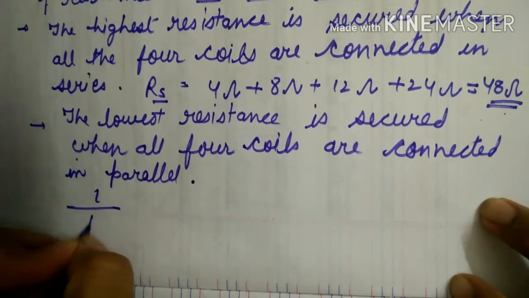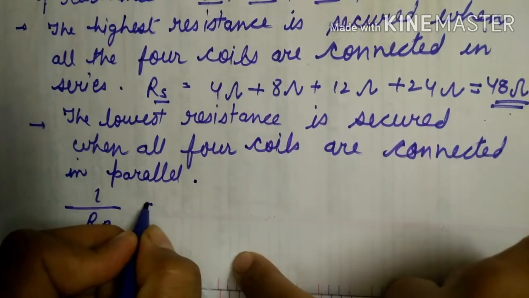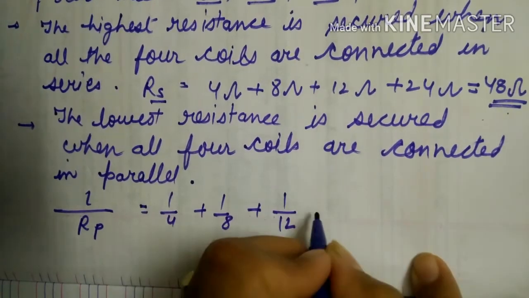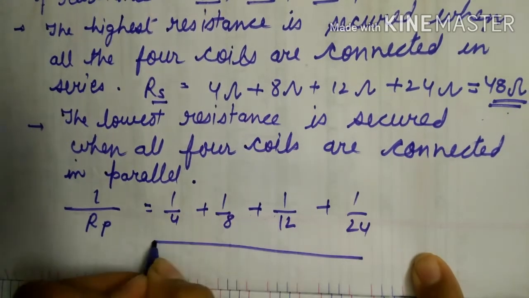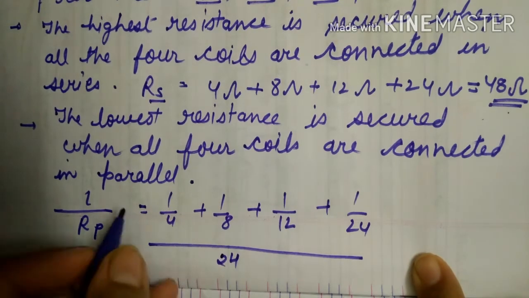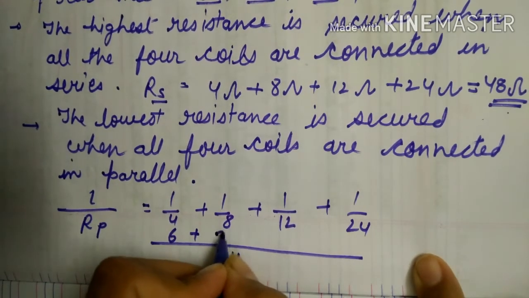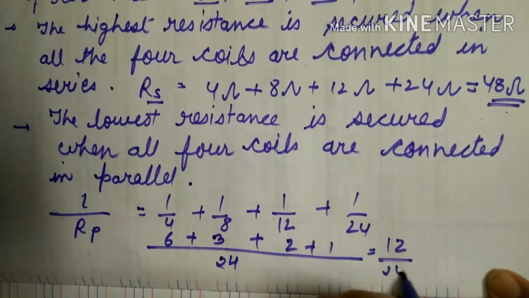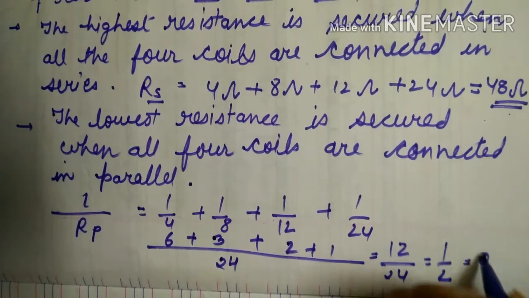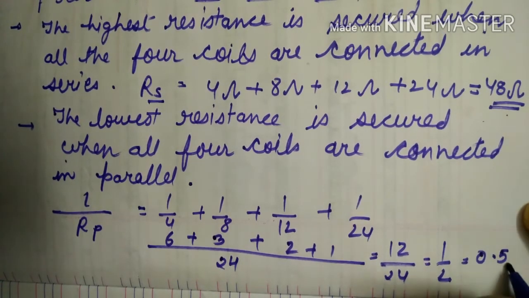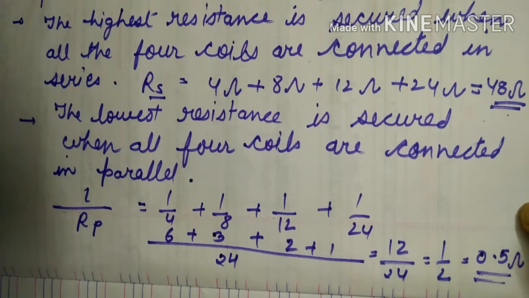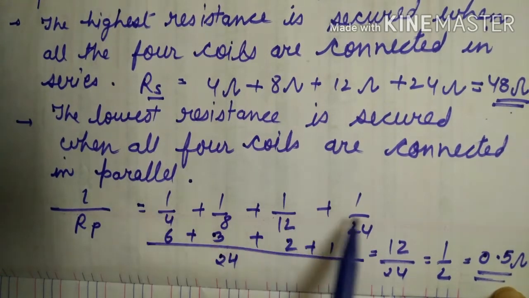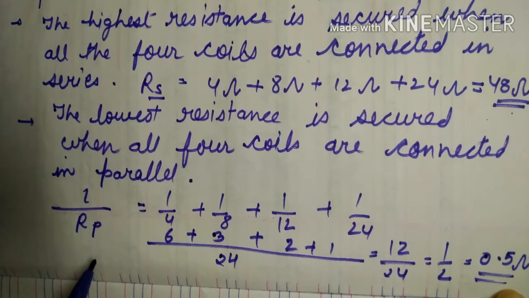Okay, so for parallel, 1 upon 4 plus 1 upon 8, 1 upon 12 plus 1 upon 24. Take the LCM of this. So it will become 6, 3, 2, 1, and 12 upon 24, so 1 upon 2, which is 2 ohm. Is it clear? So this is the very lowest total resistance of all these resistors when we combine them in parallel combination.